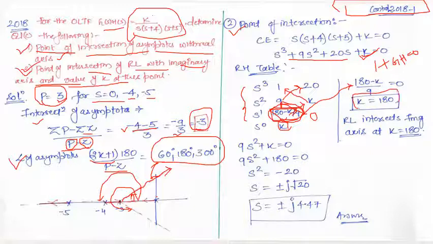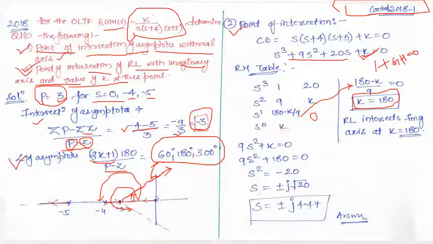That means when the k value is 180, one of the elements of the first column will become 0, which shows that for that value of k, the roots will lie on the imaginary axis. And what will be the value of the roots? That can be identified by forming the auxiliary equation from this row.